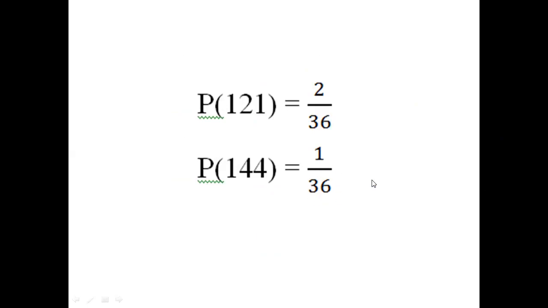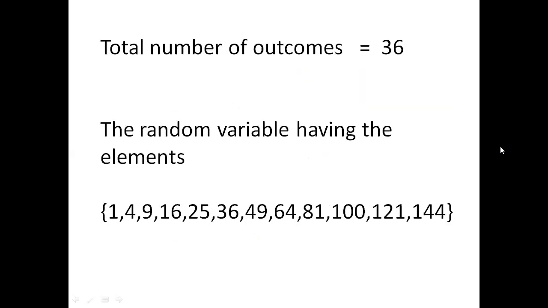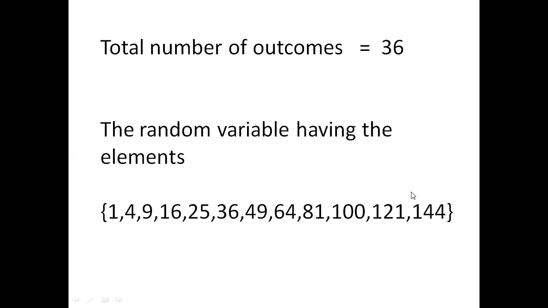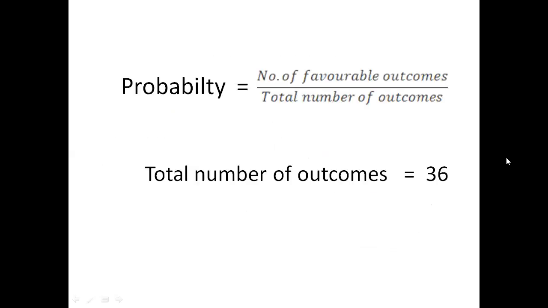That means, based on the random variable definition, first we calculate what elements we are getting. Out of these elements, take the events for the random variable. From these events, you calculate the corresponding probabilities based on this formula.